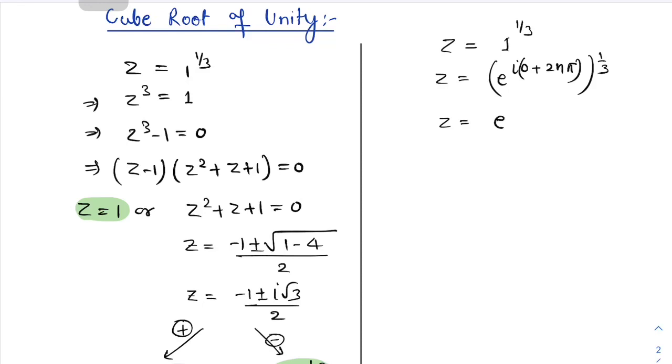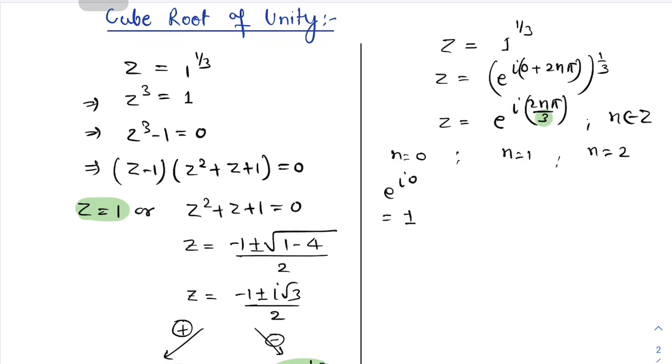It becomes e to the power iota 2n pi by 3, where n is any integer. The denominator is 3, so we are going to put any 3 consecutive integers, and the simple ones are n equal to 0, n equal to 1 and n equal to 2. If I put n equal to 0, I will get e to the power iota 0, which is nothing but 1.